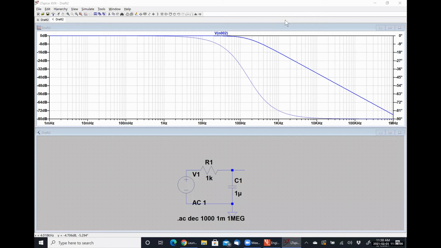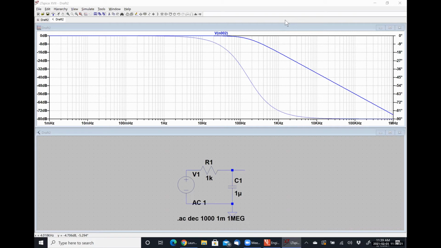This is what's commonly referred to as a Bode plot, okay? So we have units of decibels on our y-axis, and then we have a logarithmic plot as our x-axis. So we're not looking at things linearly, we're looking at it logarithmically here in this axis, okay?